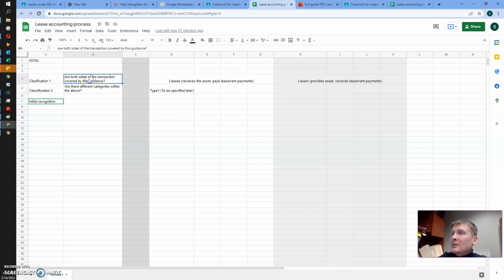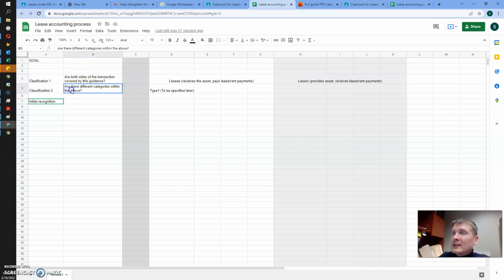In our case, the guidance covers two sides, receiving sides and providing side, the lessor and lessee. Lessee who gets the assets and pays, and lessor who provides the assets and get paid. So we got some initial classification here.